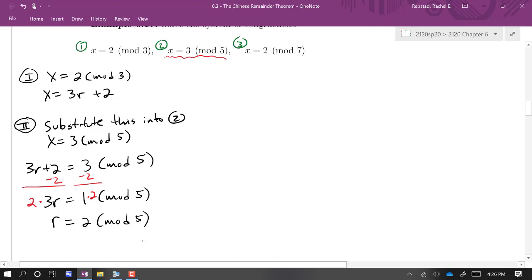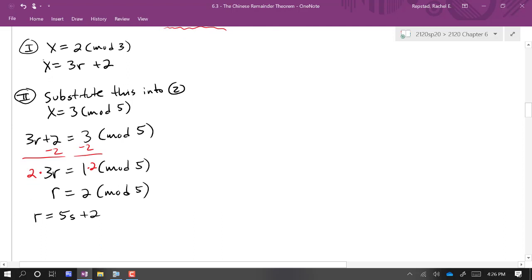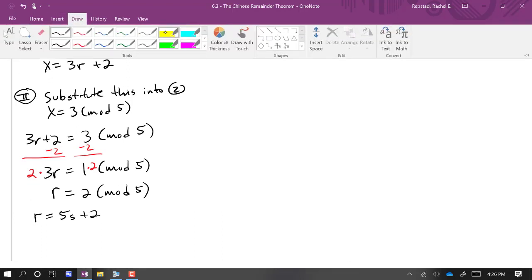Now, if r is 2 mod 5, what does this mean? It's got to be 2 more than a multiple of 5, so r is equal to 5s plus 2, where s is just some integer. Now I'm going to go back to the equation up here.